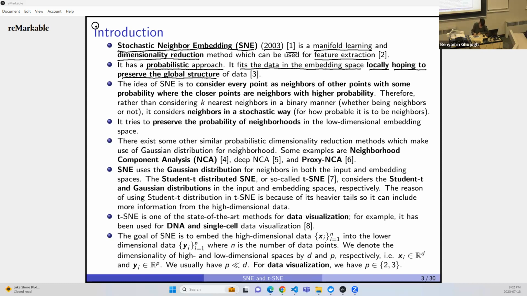The idea of SNE is to consider every point as a neighbor of other points with some probability, where closer points are neighbors with higher probability. What do I mean? Assume some of us here are data points in this class. You, in the front row, are closer to me, but you are farther away. Who is a neighbor?